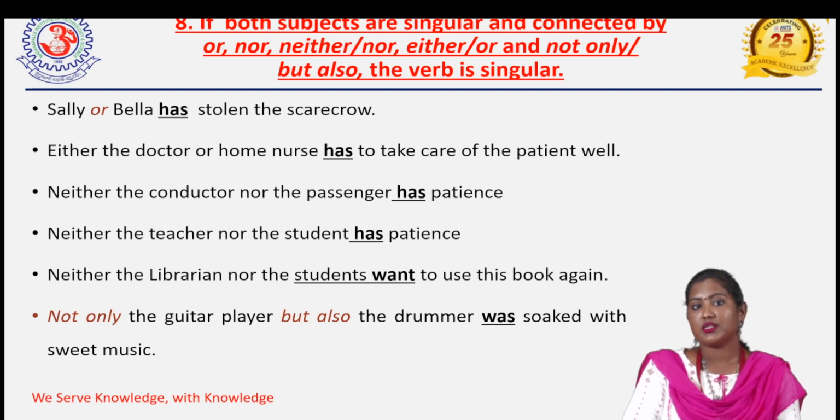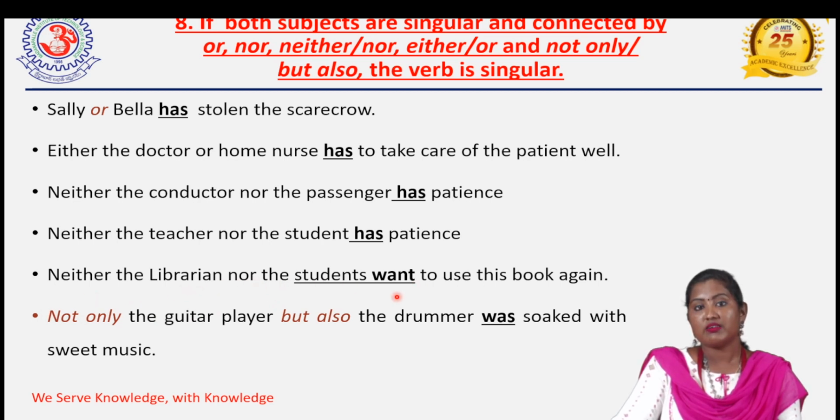Neither the librarian nor the students. You may have a doubt here with this example sentence. The reason is, so far we have seen examples only with the singular form, yes or no, teacher and student. But now we are facing a singular noun after neither and a plural noun after nor. So in this case, it is very, very important to look at the second one, that is after nor. Neither the librarian nor the student.